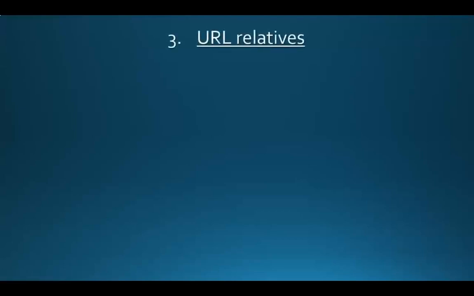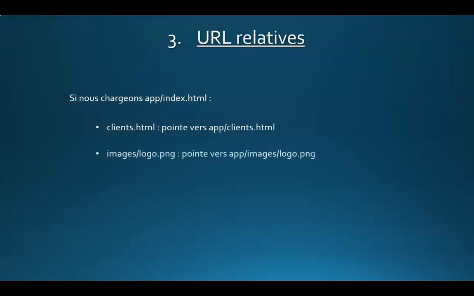Then the relative URLs. For example, if we load app/index.html, then clients.html will point to app/clients.html. Images/logo.png will point to app/images/logo.png.